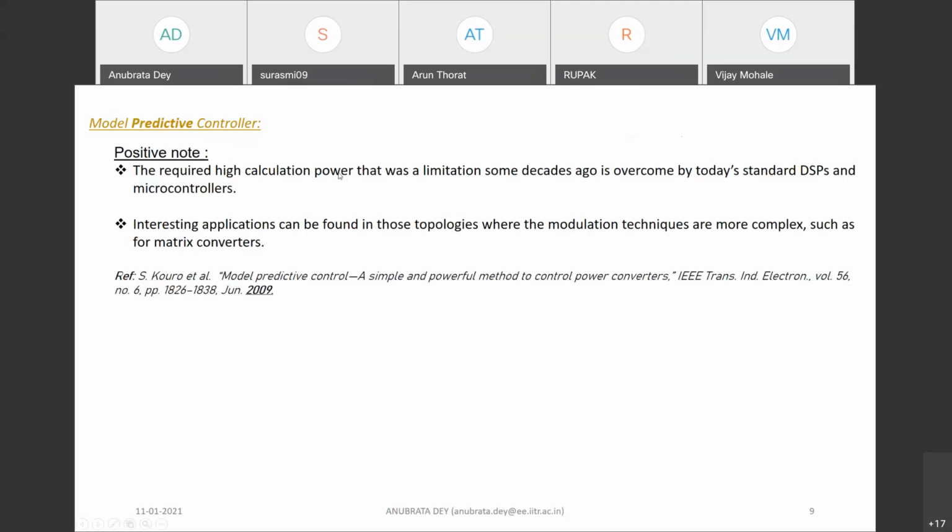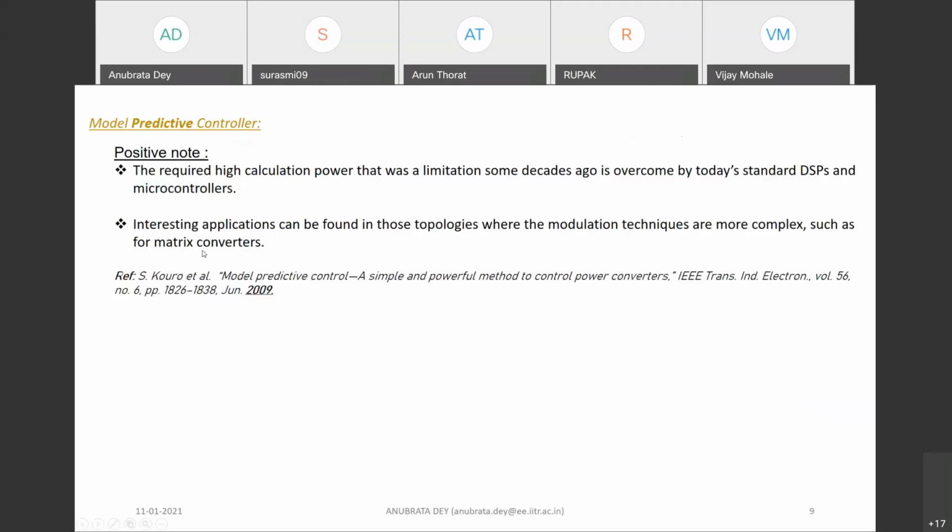That kind of calculation is exhaustive, not very complex though, but it requires a large number of calculations. In modern DSPs and microcontrollers, that can be easily done. So that limitation is overcome today, and model predictive controllers are becoming very popular. Not only that, it can also take care of many objectives.